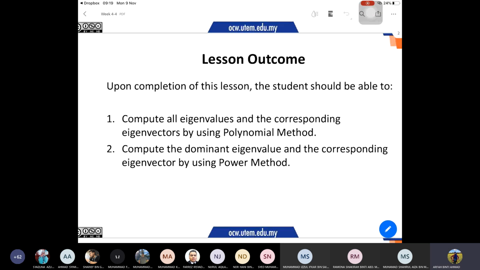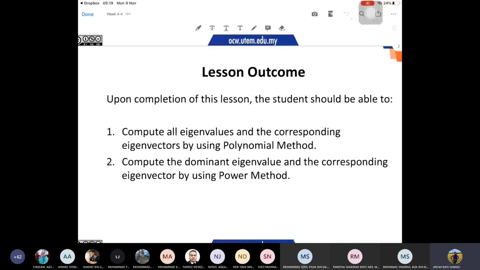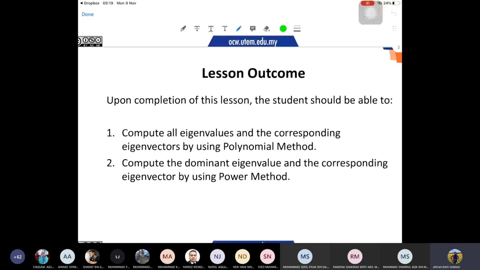So, solving for the eigenvalue and eigenvector, how to find the eigenvalues and eigenvector of a function, we will use the polynomial method and power method. Basically, you will have a matrix. From this matrix, the other day you had X1, X2.